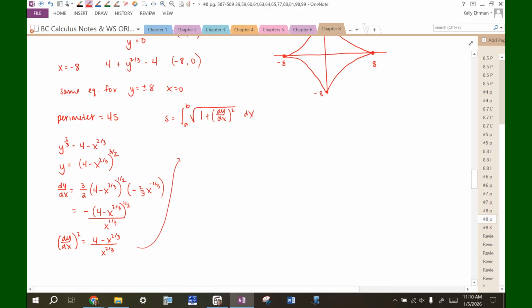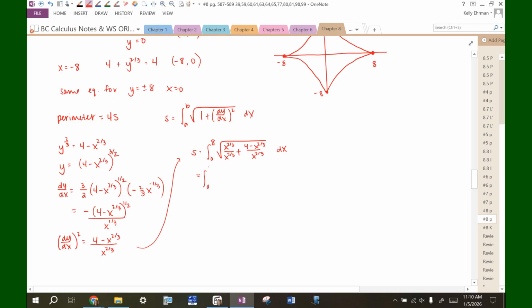So now we get to come up here and say s is the integral from 0 to 8 of the square root of 1 plus 4 minus x to the 2/3 over x to the 2/3 dx. Remember, with these, instead of 1, usually you need to get a common denominator to make this happen. So we do that.